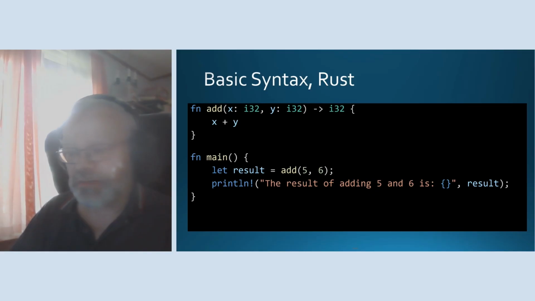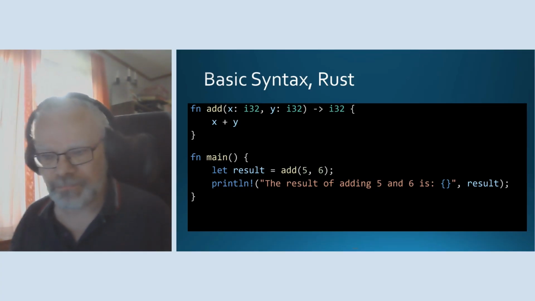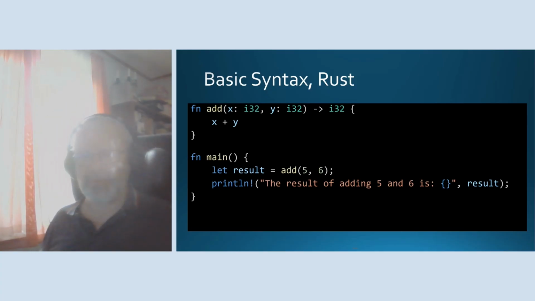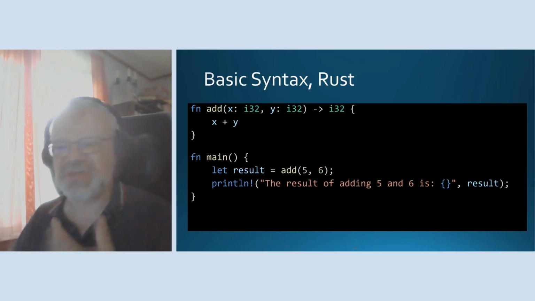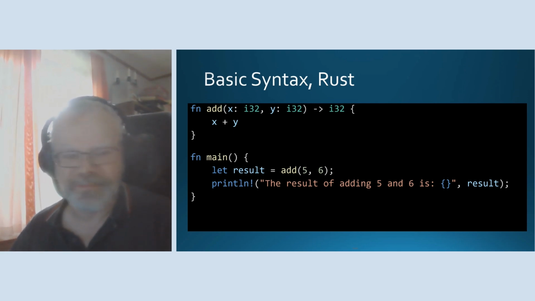Then in the main function, we call this add with two parameters, 5 and 6. We get the result, and then we print it on the screen. This is very simple Rust, but you see the curly braces, we have semicolons. It looks C++-ish.